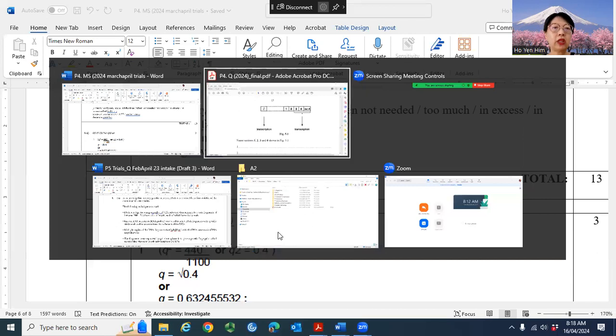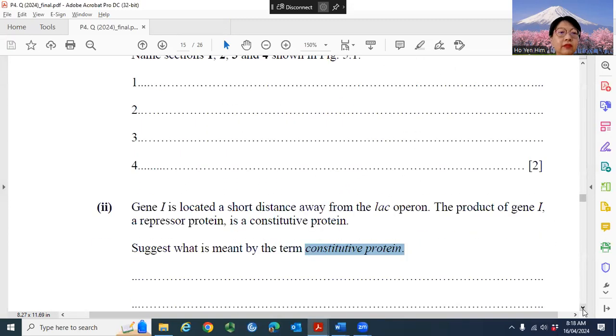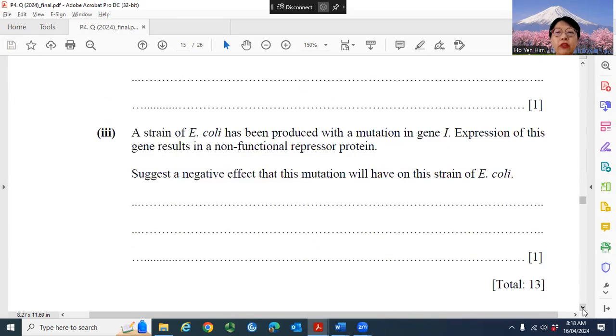Okay, next question. Part 3. It says that a strain of E. coli has been produced with a mutation in gene I. So the gene I has been mutated so that when the gene is expressed, it will still produce protein after mutation.